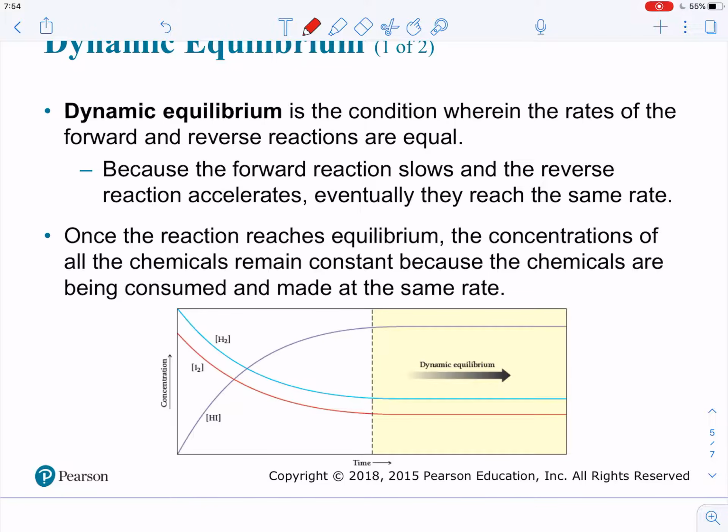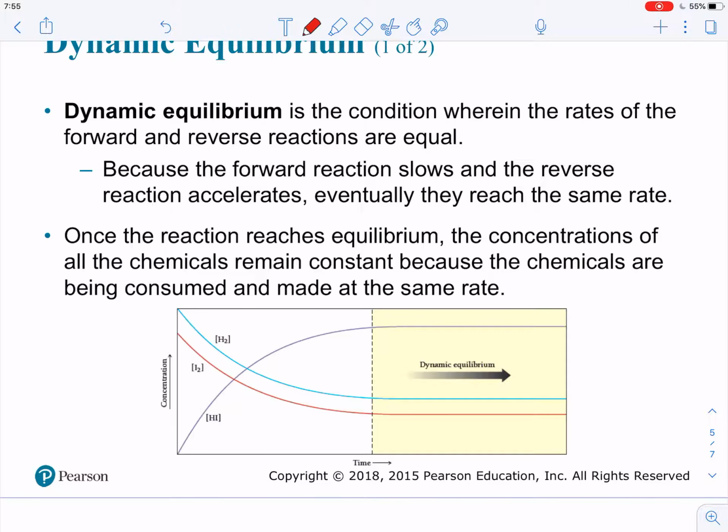Just when you start, if you only have reactants, the forward reaction will start. That forward reaction will slow down with time, and the reverse reaction will start picking up, because you are increasing the concentration of products. If you increase the concentration of products, the reaction rate for the reverse reaction will increase.